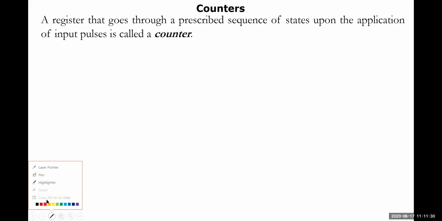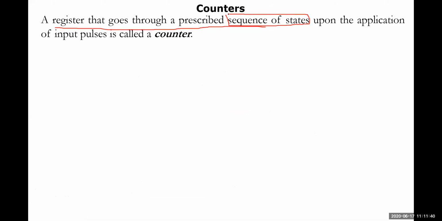In a similar fashion, if a register is prescribed with a sequence of states upon one particular operation, sequence of states in the sense, this is the first state, state number 1, followed by state number 2, followed by state number 3, and so on.